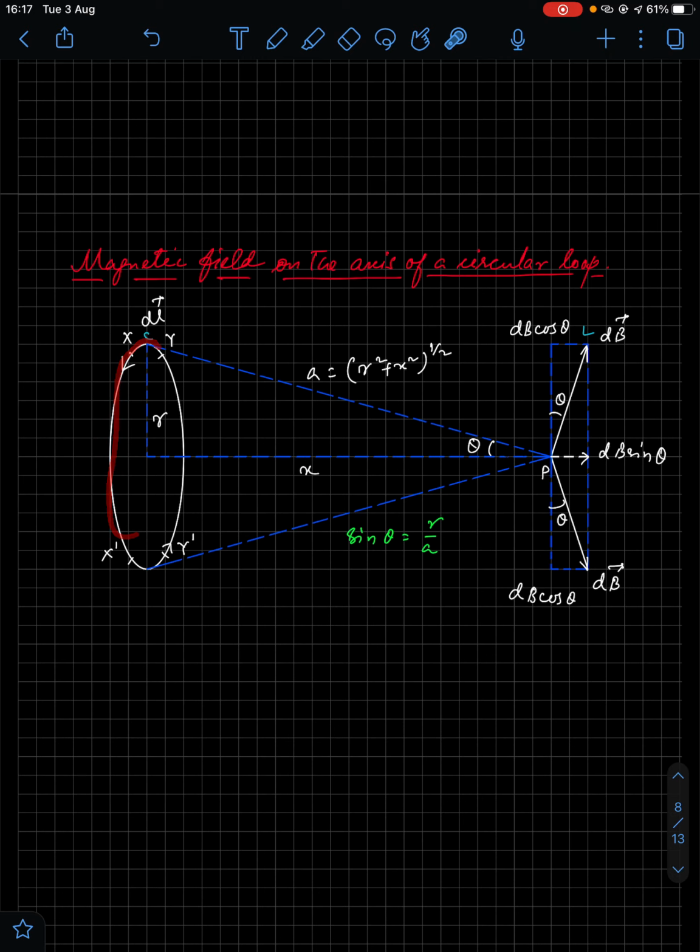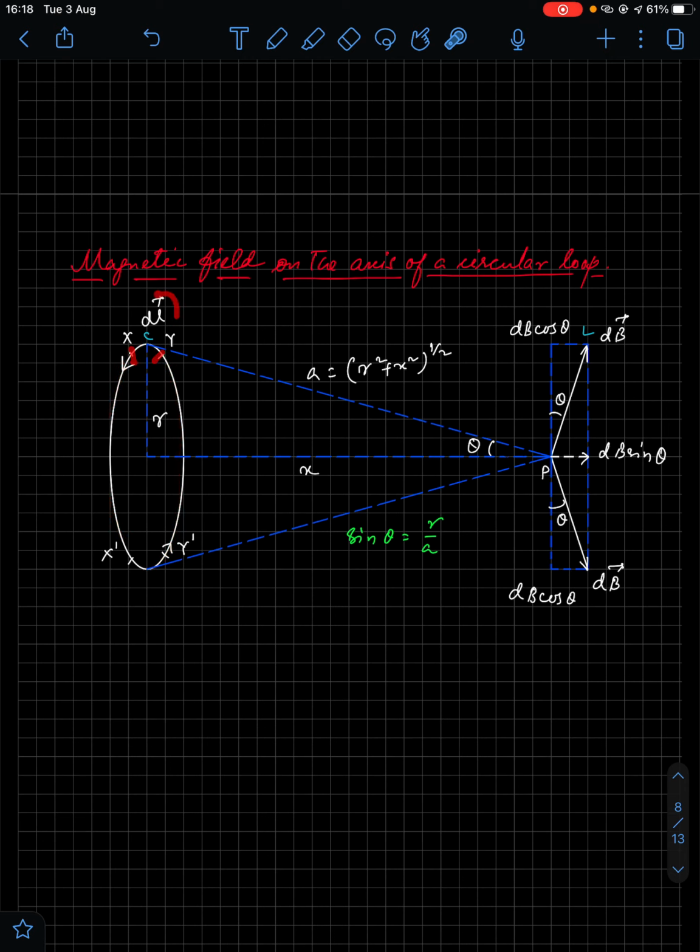Now this wire, or the loop, I should say, is perpendicular to the plane of the page. So in that case you can say that this part is outside the page and this part is inside the page.